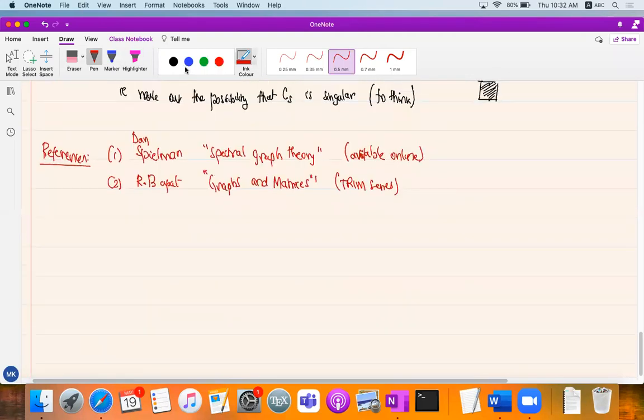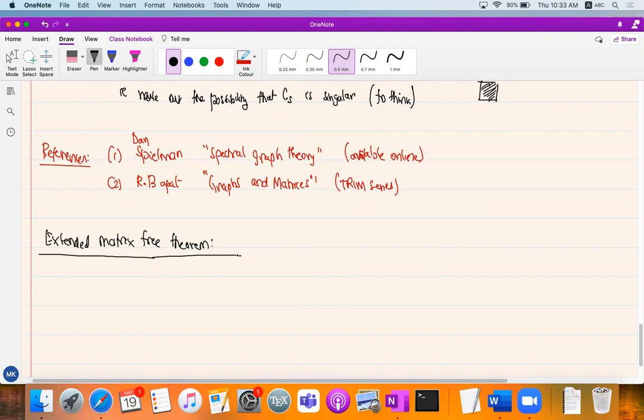Okay. So let me say one more thing, an extended matrix tree theorem. I wanted to say a couple of things. So what is the extended matrix tree theorem? It is like this.